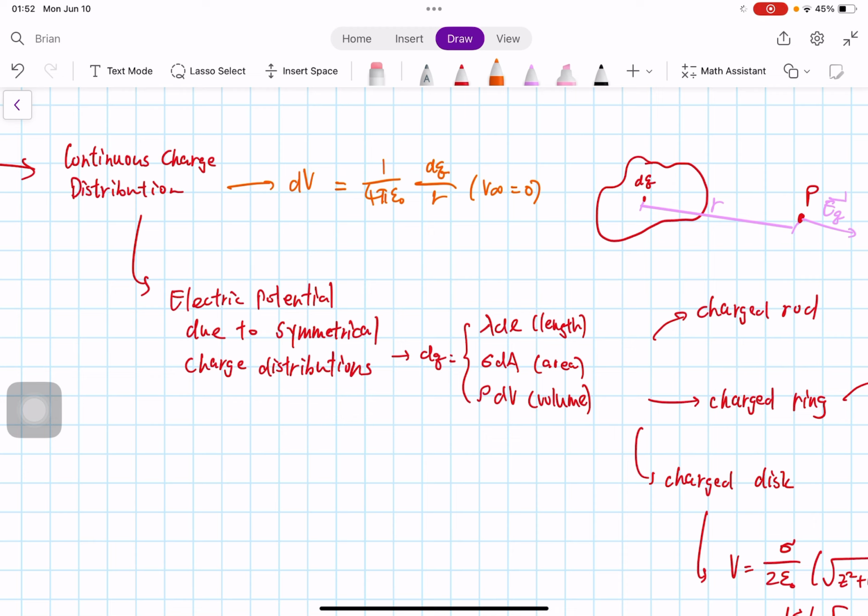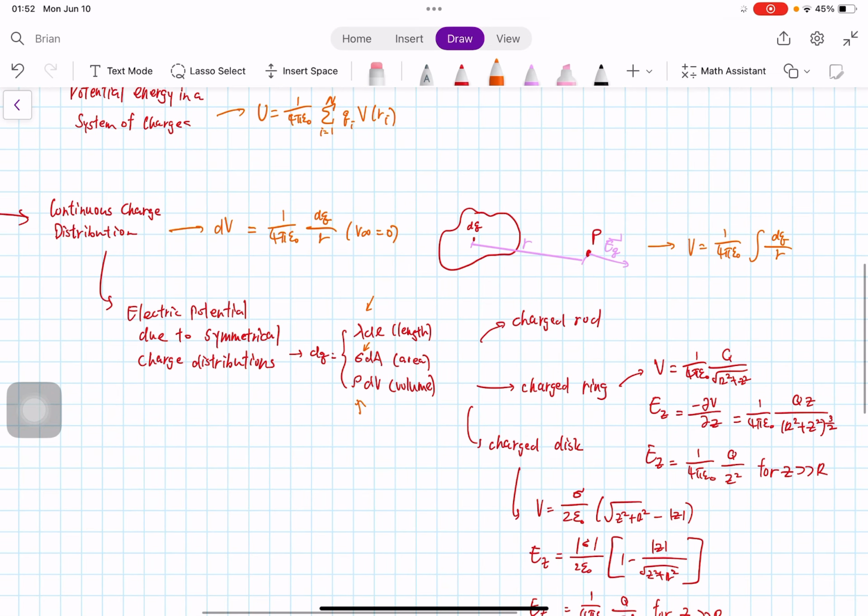We have 3 different charge densities: lambda, sigma, and rho. Each represents a different dimension of the things that we're talking about. If we're talking about a wire, we use lambda, which is the charge density of that wire. Area and volume are the same thing, except we just increase one dimension.